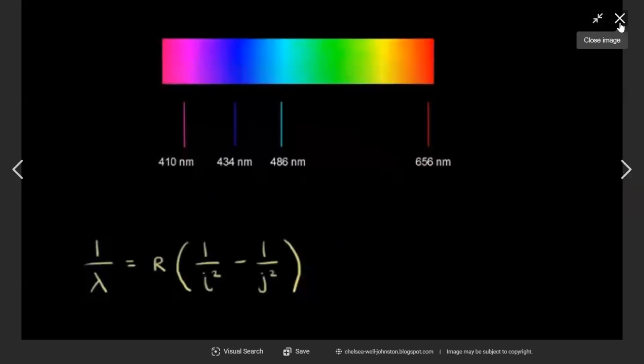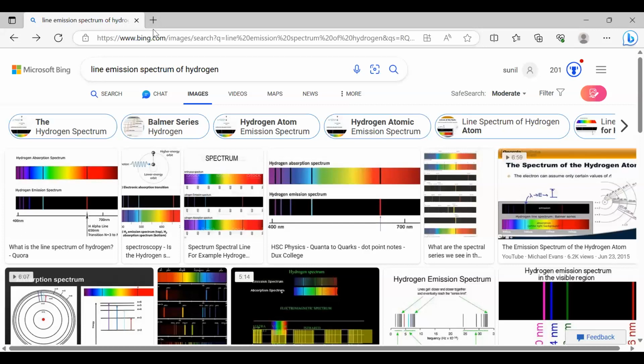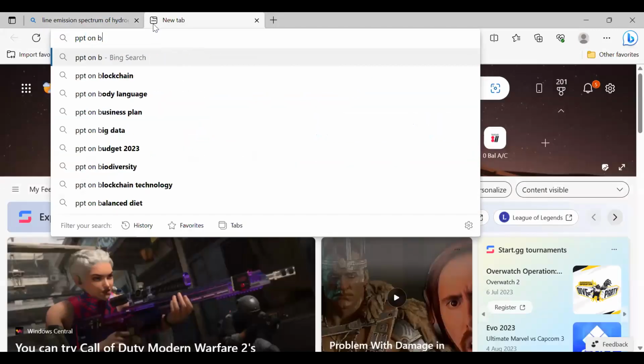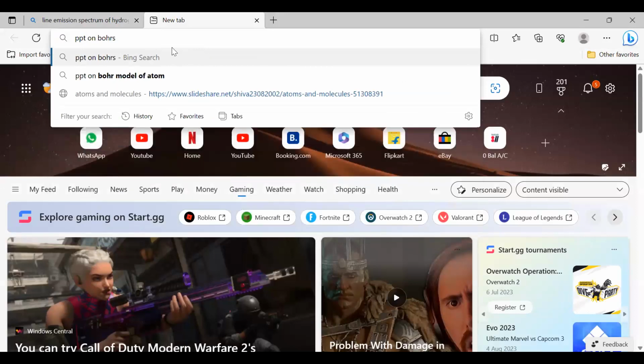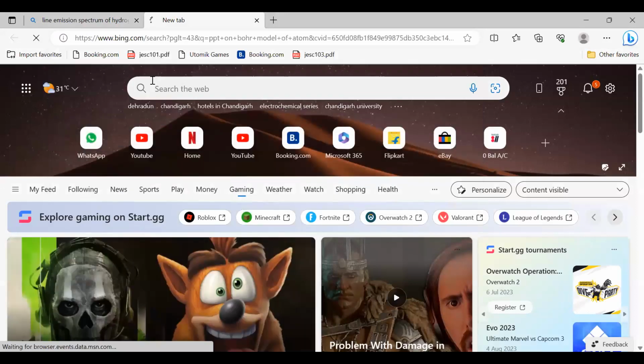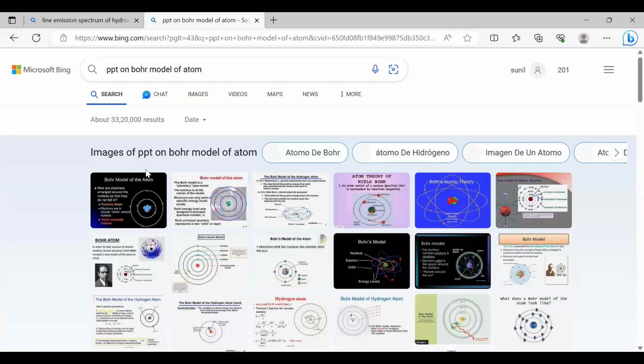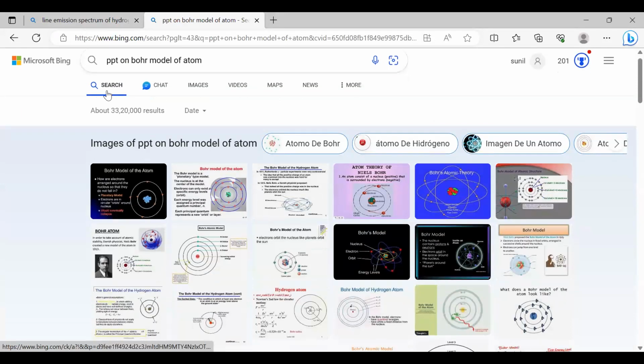So this was about the spectrum. Then I did with you the Rydberg's formula. That was clear. We had done the Rydberg formula, right? Yes, sir. Any doubts on that?